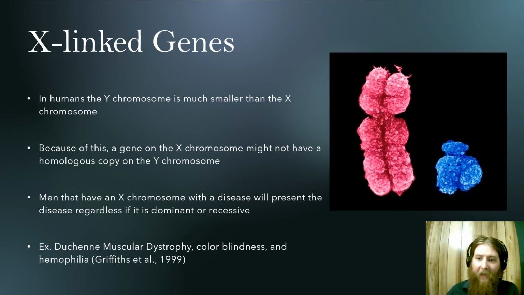Because of this, men that have an X chromosome that carries a disease and is in this zone where there's no homologous area will present the disease regardless of whether it's a dominant or recessive trait. They only have one copy to display. There's no hiding behind a dominant one if it's recessive. Some examples of ailments like this are Duchenne muscular dystrophy, color blindness, and hemophilia.